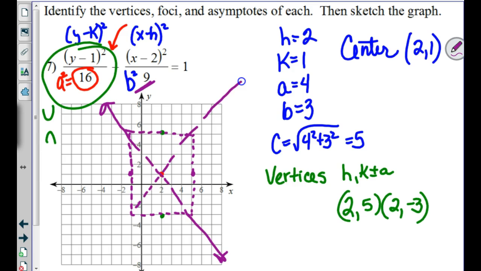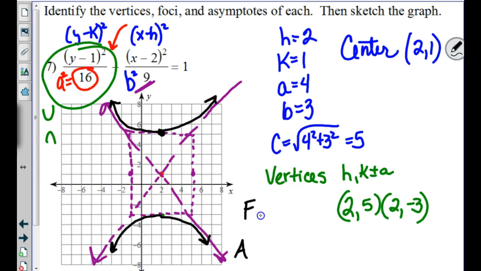Okay, that's a little bendy, sorry. So it touches right here, and then it's supposed to get closer and closer to this asymptote. I usually don't do a very good job of drawing these. Okay. We need the foci and the asymptote still.